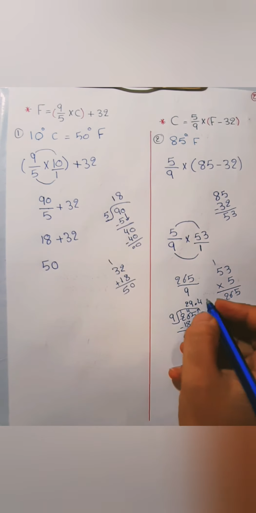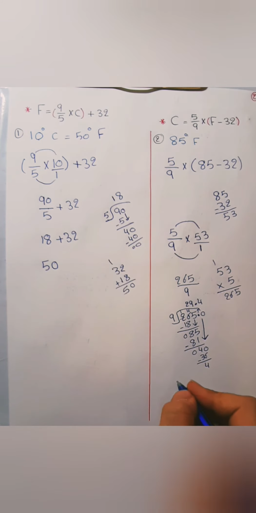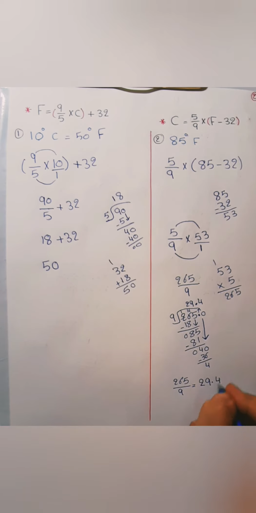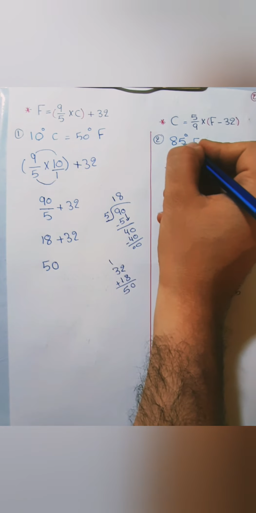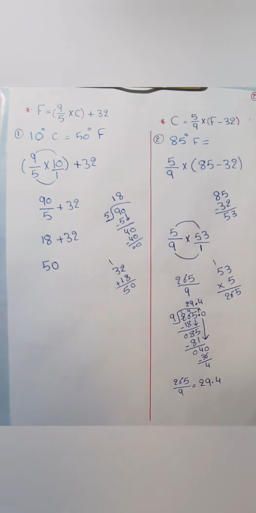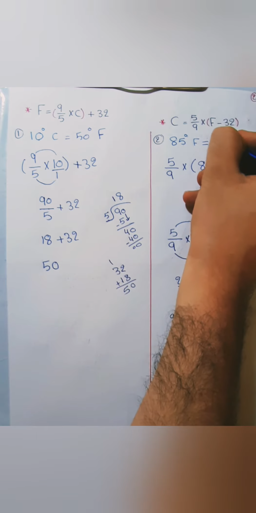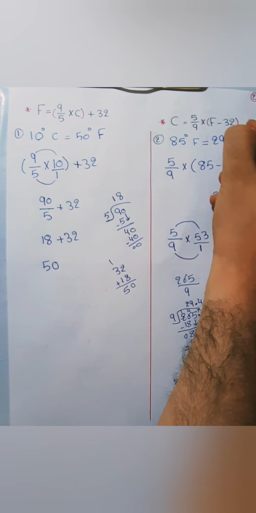So we can leave 265 out of 9 equal to 29.4. So 85 degrees Fahrenheit equal to 29.4 Celsius.